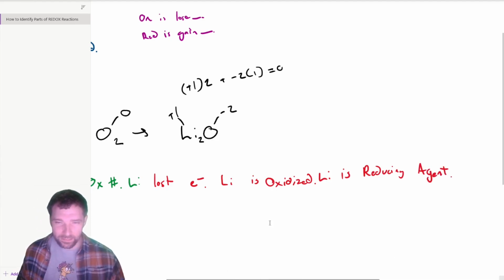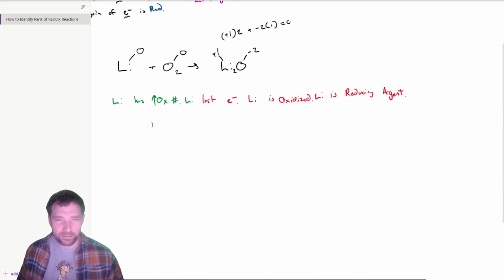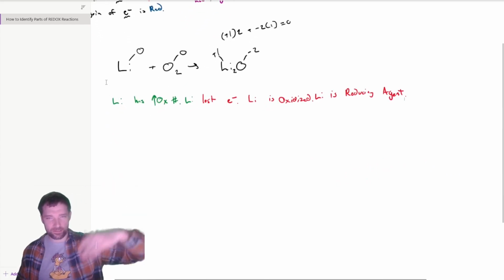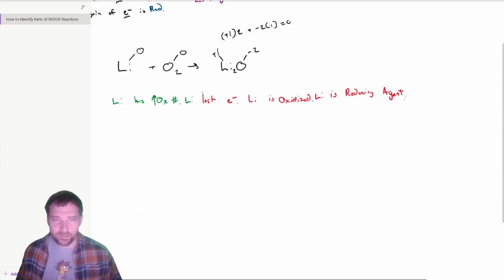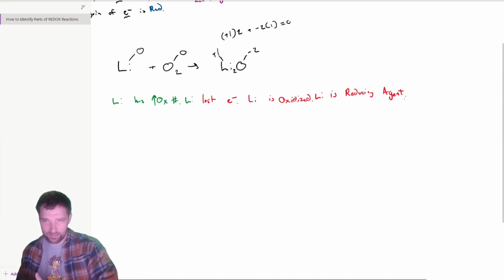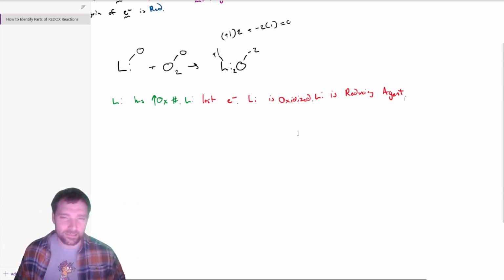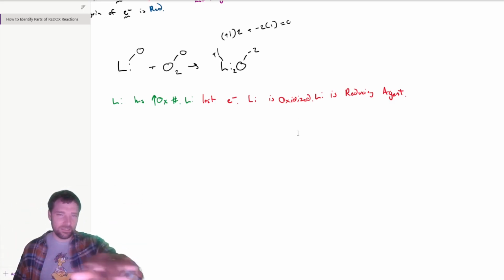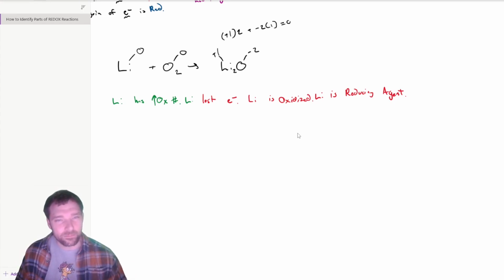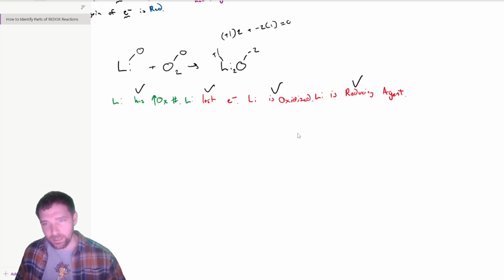It may seem like a little bit much, but writing this out, where you say what's going on with the oxidation number, what's going on with the electrons, and then what's going on with the process and then the agent, is really useful because you can check each step and say, yep, that matches that, and that matches that.